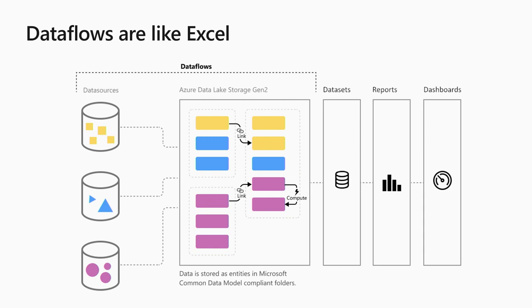A couple more concepts on data flows before we move on to the CDM-centric part of the session. Data flows are like Excel. What we mean by this is that you can compose data flow entities on top of data flow entities, and when you do that, we take care of all of the orchestration logic behind the scenes to keep things consistent. Think about how you use Excel today: it's intuitive to go into a cell and type equals 1 plus B2, for example, whatever content is in cell B2.